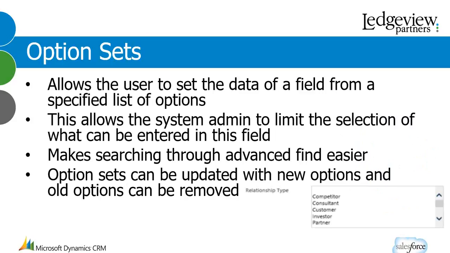If you do it in lead source as an option set, you can have it the exact same way, so when you do the Advanced Find search, you know you're finding all trade shows. You're not going to miss somebody who abbreviated it or put an extension onto trade show when they were typing it in. And those option sets can be updated with new options, and old options can be removed.